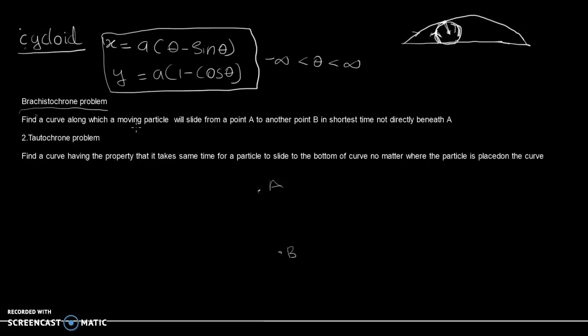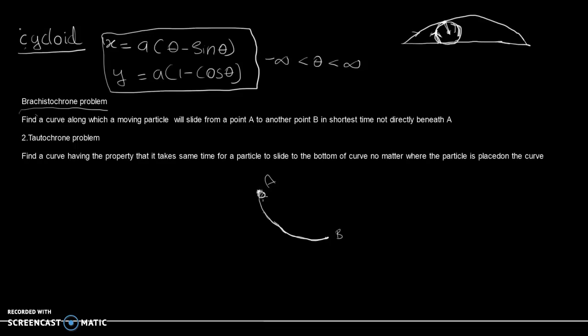I'm replacing this here B. This is B, this is A. Then through this cycloid path, suppose a ball is here.